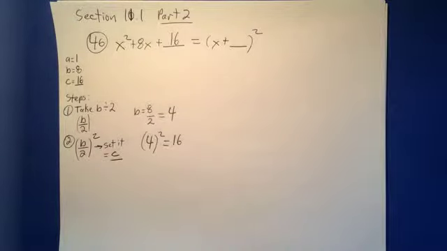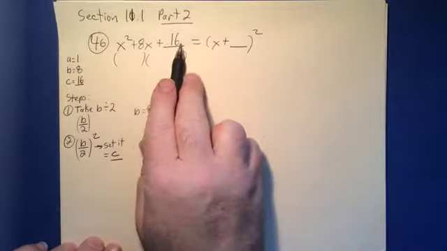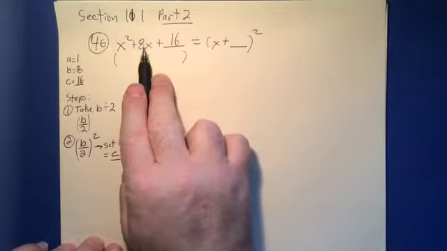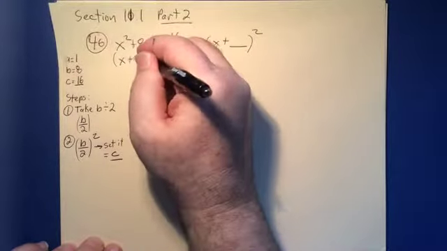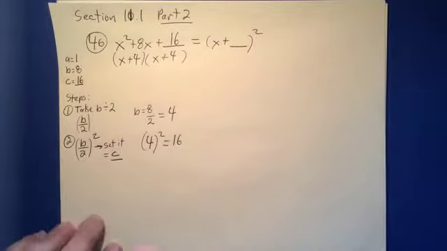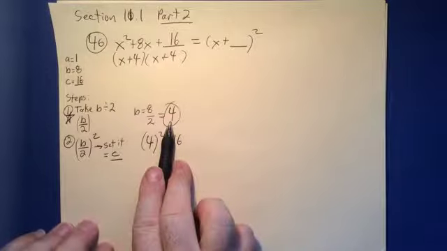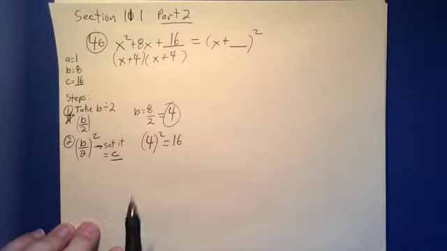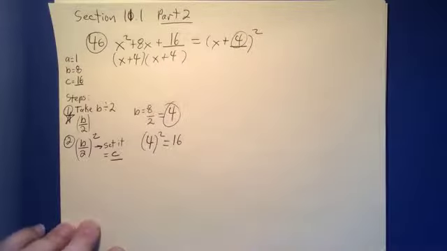So now that we have 16 in place there, let's see if this works. We're looking for two numbers that multiply to 16 and add to 8. That's going to be, in this case, 4 and 4. And in this first step, I'm going to ask you to star this, because this 4 here is going to be the number that ends up here, and as a consequence, it's going to be the number that ends up here, because that's a really critical step.